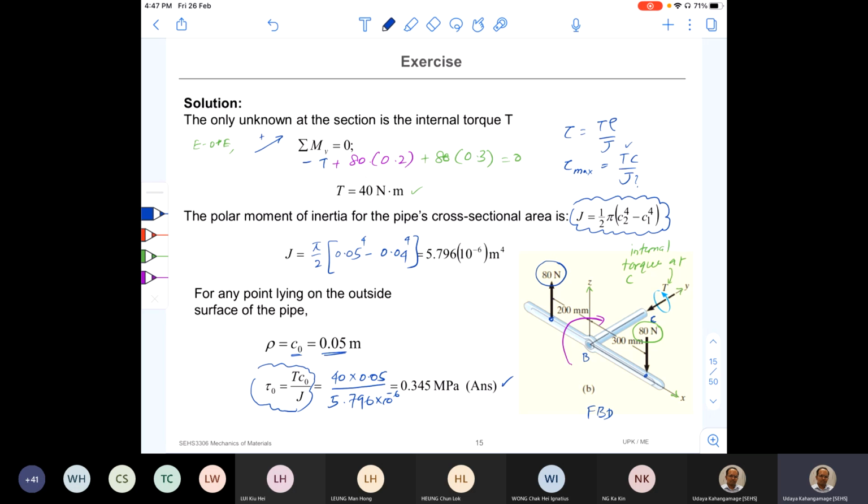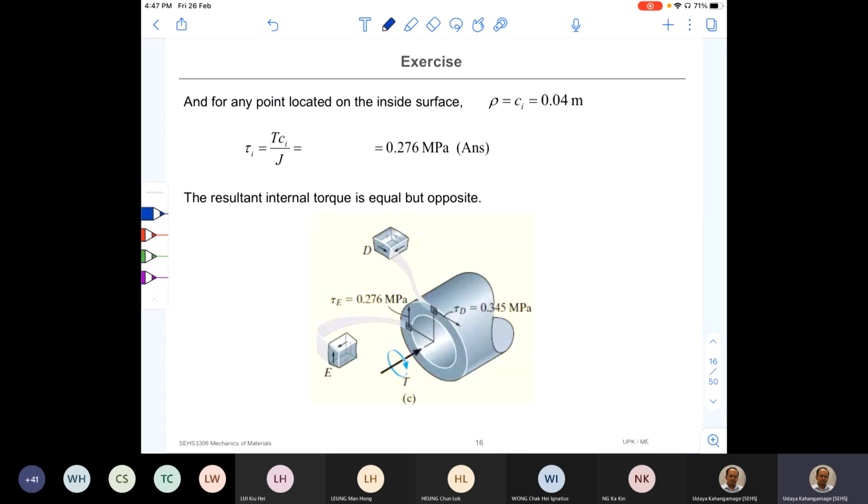Next we need to find out shear stress in the inner surface. So how to do that? The rho, the radius, is the inner radius. Same equation, right? And there you substitute all the values. T is 40 and c_i is 0.04, and J is the same or different?